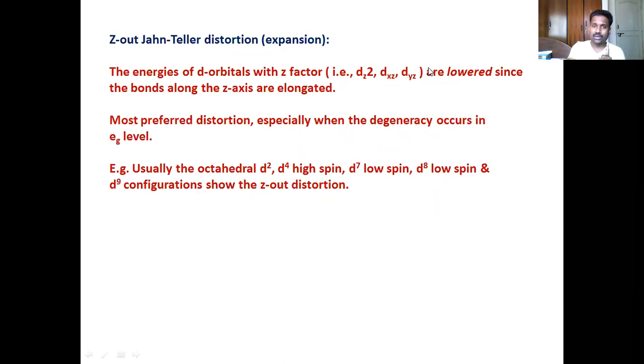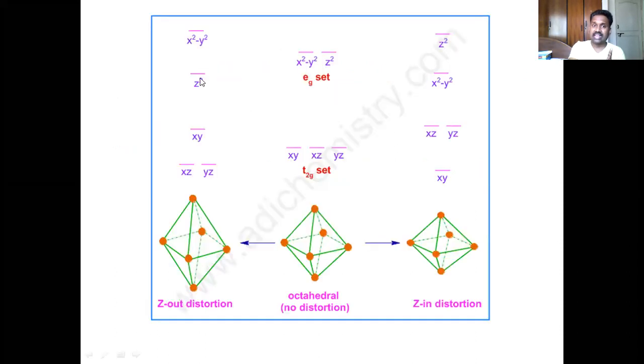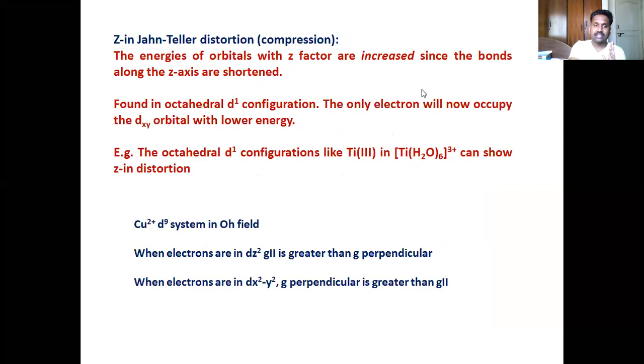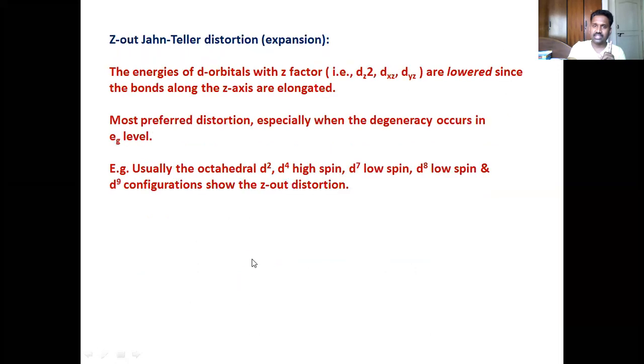So if the complex undergoes Z out distortion, dz square becomes occupied first. And if the complex undergoes Z in distortion, dx square minus y square becomes occupied with the electrons.